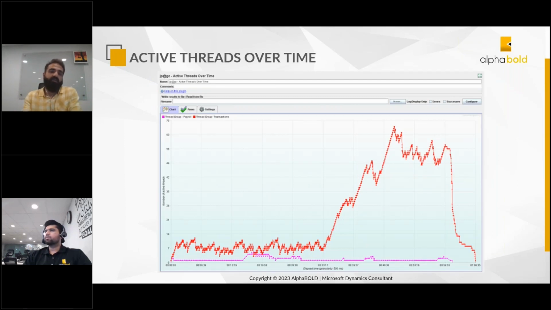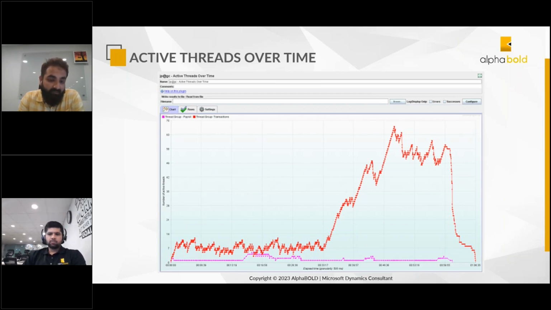All right, so these are active threads over time. If your application is supporting multiple threads, this tells us that this many threads are active. In JMeter or any performance testing tool, the thread means the number of users who are currently accessing the system.